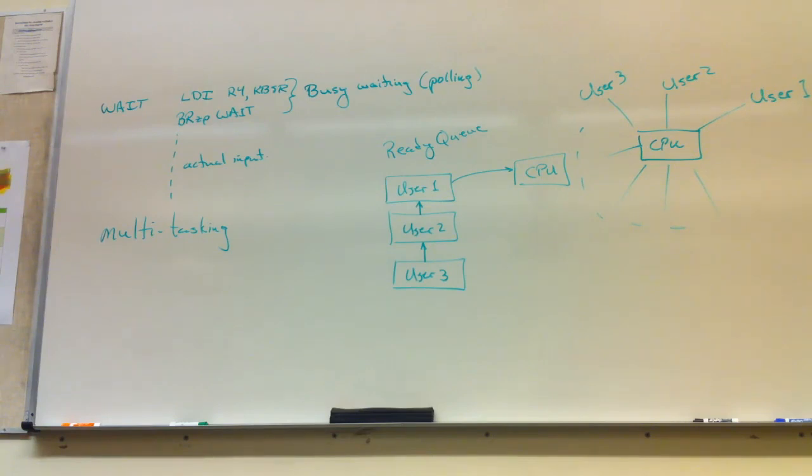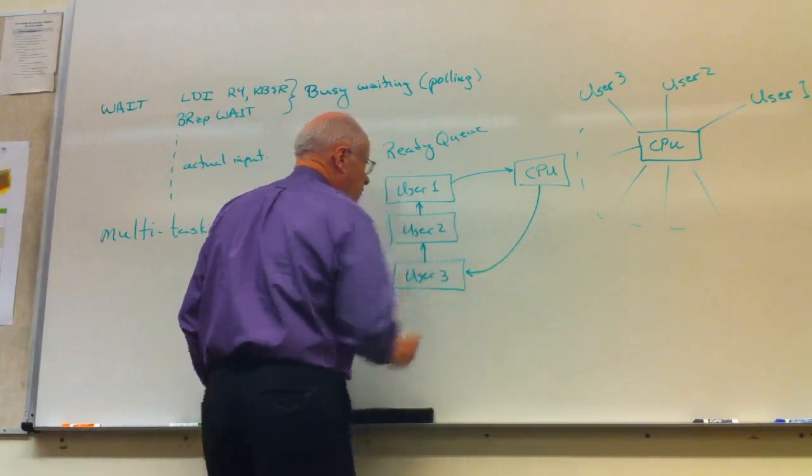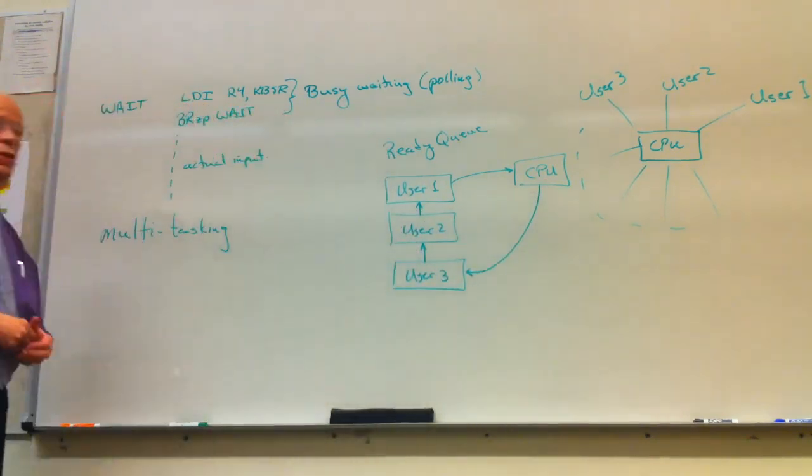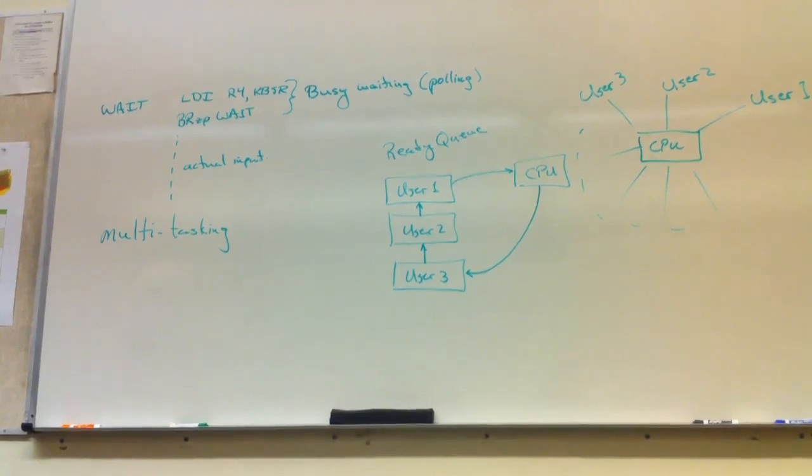The other alternative is that it will stay there until the program blocks itself, typically for something like an I/O operation or whatever. But at any rate, under some circumstance, that process will leave. If it isn't yet completed, if we haven't hit a halt instruction, it cycles back through, goes back in at the end of the queue and works its way up and eventually gets another time slice.